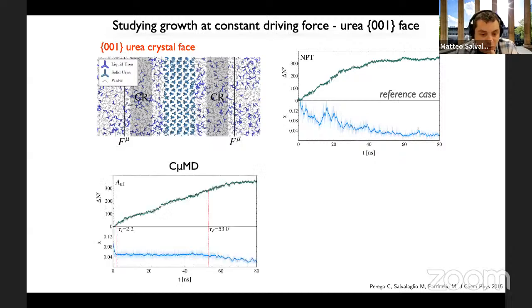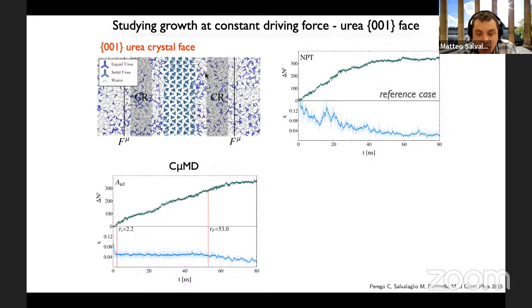So, for example, if we apply SimuMD with a target concentration in this region, with a molar fraction around 0.05 in this plot, we see that after a short equilibration, the system evolves at constant composition in the bulk, and atoms are removed at constant rate.